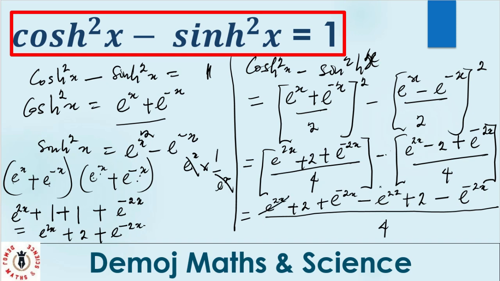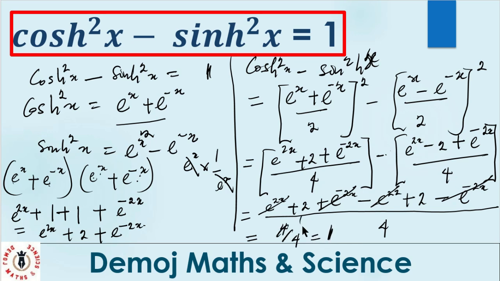Now, e raised to power 2x minus e raised to power 2x cancels, and e raised to power minus 2x minus e raised to power minus 2x cancels, so that I'm left with two twos. That's 2 plus 2, which will be 4 over 4. Obviously, you can see that my result now will be what? 1.